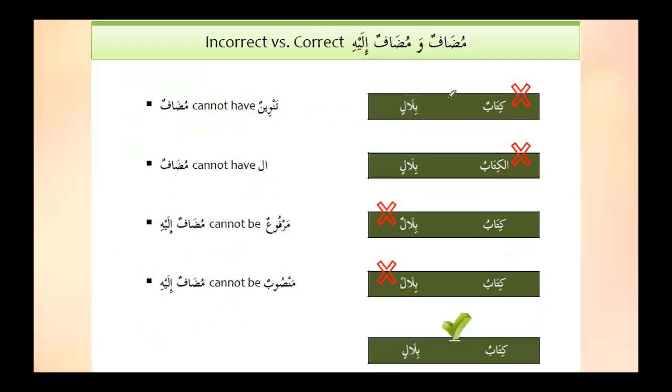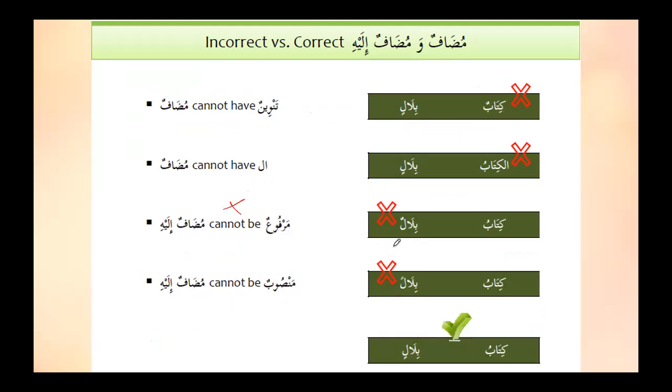So again, to recap, this is wrong because here the first term of the idafa has a tanween. Again, first term of the idafa has an al. It's not correct. Again, incorrect because the second term of the idafa needs to be majroor. The second term, mudaf ilayhi, cannot be marfu'un.